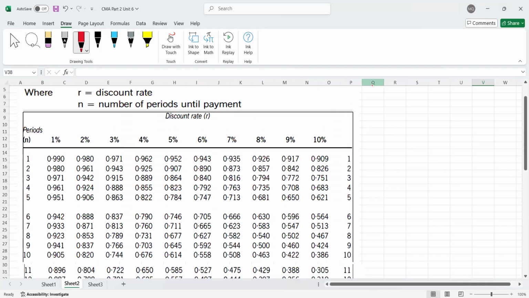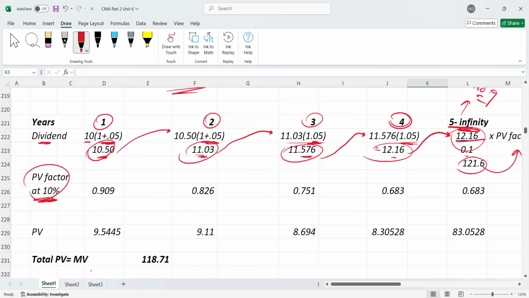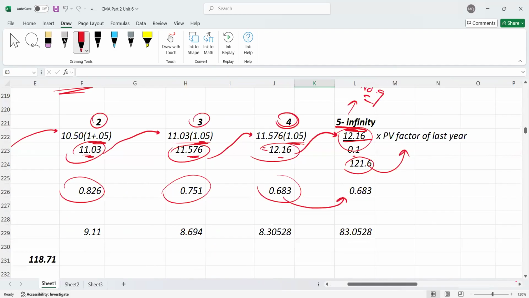These are the percentages, year 1, 2, 3, 4. First, I'll pick these figures and write them here. So year 1, 2, 3, and fourth year present value factor. And in year 5, I'll also write the same present value factor because I have to multiply with the present value factor of the last year.